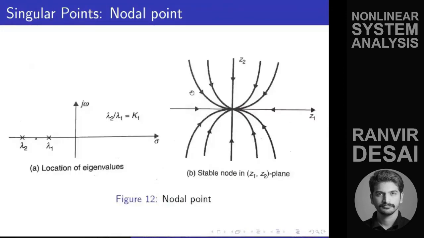So their trajectories are shown in this way. Lambda 1 and lambda 2 are here, and you can see that all these trajectories are going towards one point, that is z1 z2 equal to 0, 0, the origin, the equilibrium point. You draw both these figures.